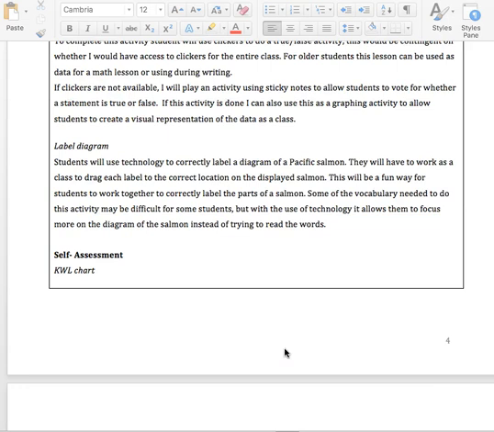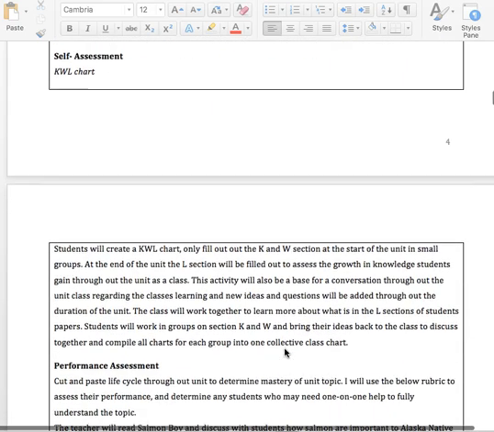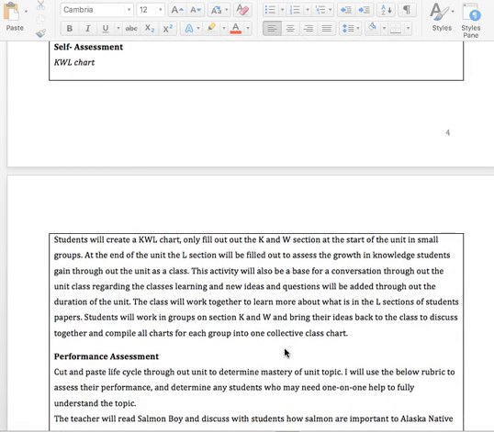Students will then correctly label a diagram of an Alaska salmon, the parts of the salmon. For self-assessment, students will create a KWL chart. They will start in small groups and work on the know and want-to-know sections.